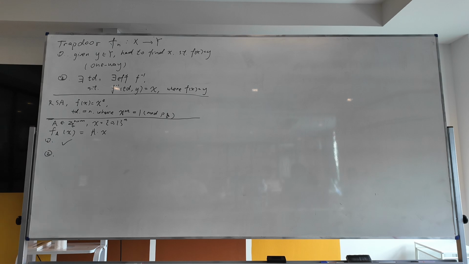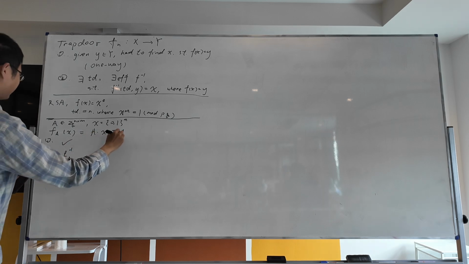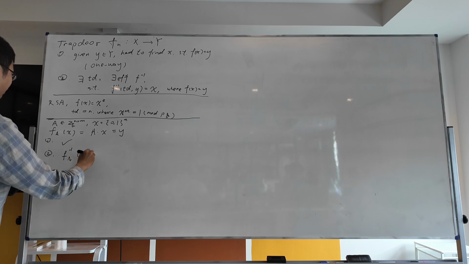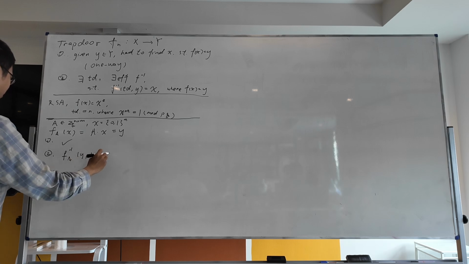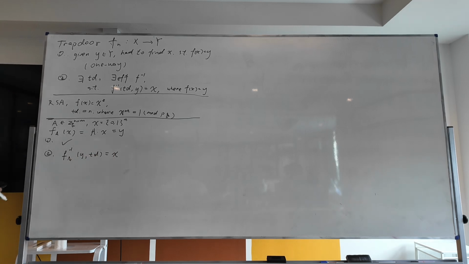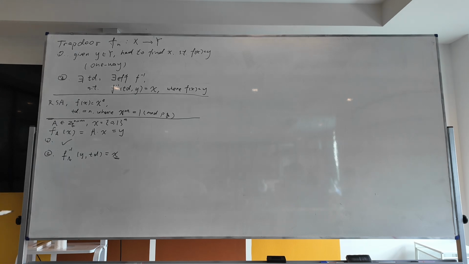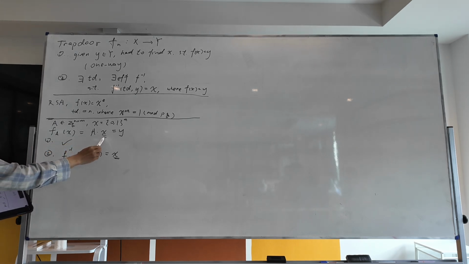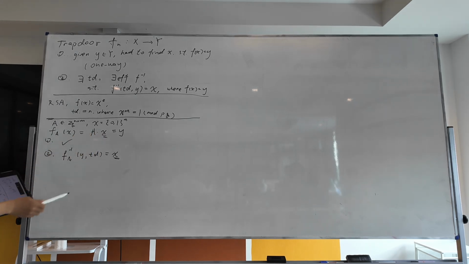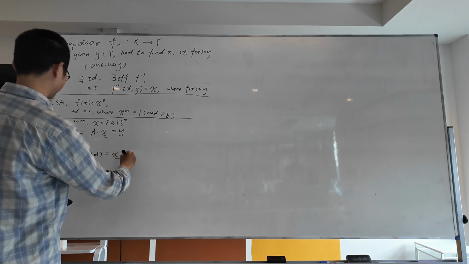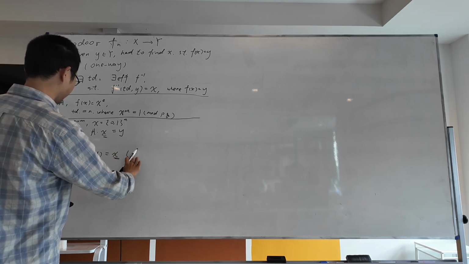And now we need to find a trapdoor. Let's denote this by Y. Firstly, this X is not unique. I want to emphasize that because there may be many solutions that lead to the same image.